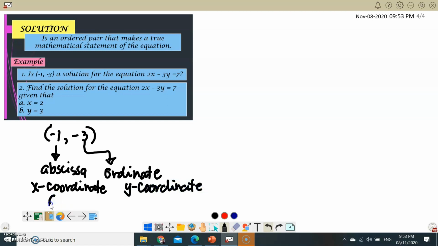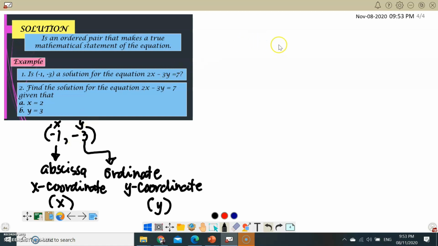So this one represents the value of x, this one represents the value of y. So therefore, negative 1 here is the abscissa, which represents the value of x. Negative 3 is the ordinate, which represents the value of y.